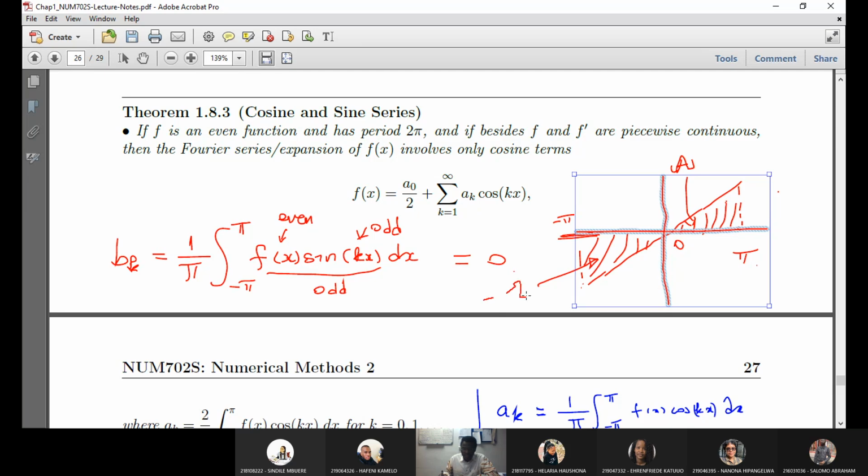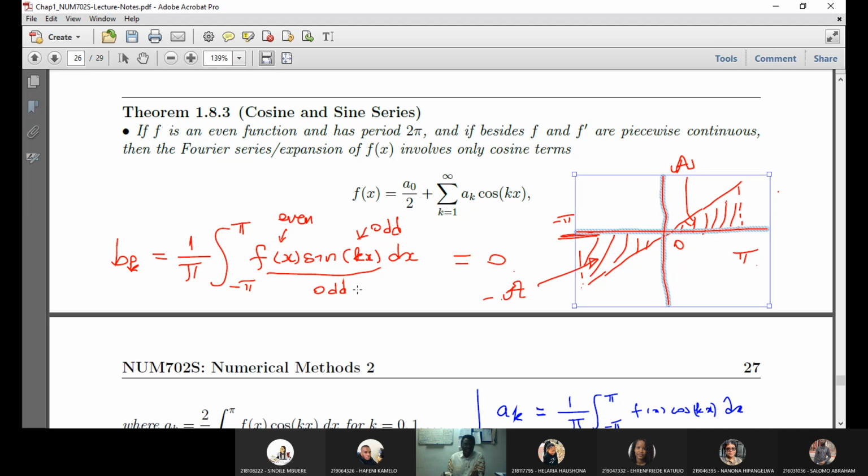So this will be negative A. Now, I can split the integral into two: from negative pi to 0 it will give me this, and from 0 to pi it will give me that. If I add the two, they cancel out and give 0. This is graphically, but you can write the maths down, and you see that it will give you 0.